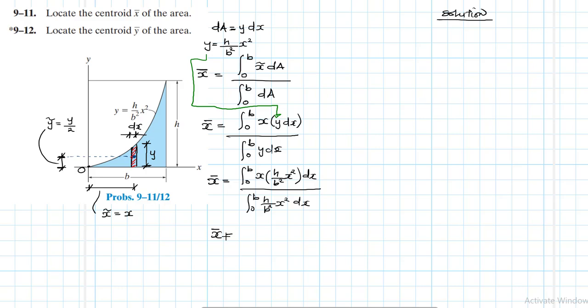Then finally, if we did the integration, since x times x squared is x cubed, integrating x cubed, let me factor out the h over b squared, and then this becomes x to the power 4 divided by 4, right?